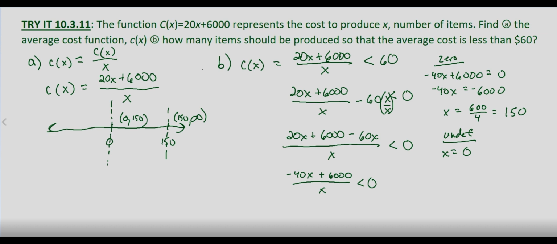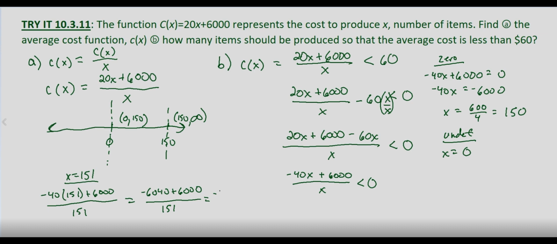Let's try 151. So x equals 151. Negative 40 times 151 plus 6,000, divided by 151. So negative 40 times 151 is going to be negative 6,040, plus 6,000, divided by 151.